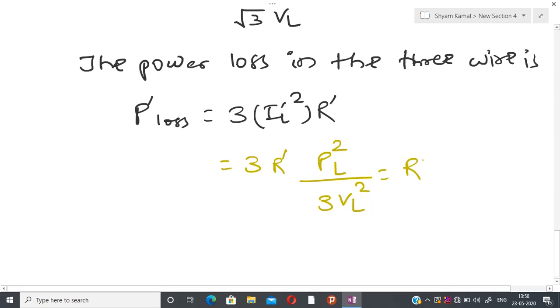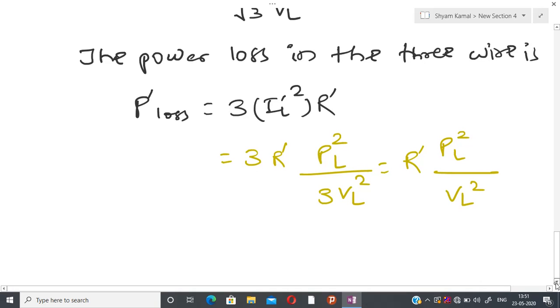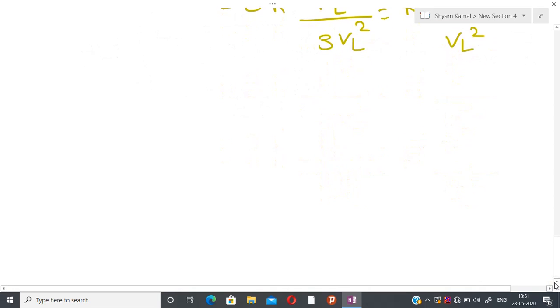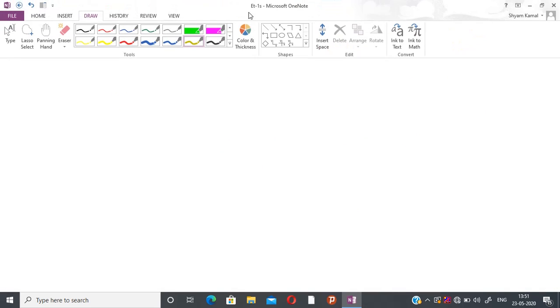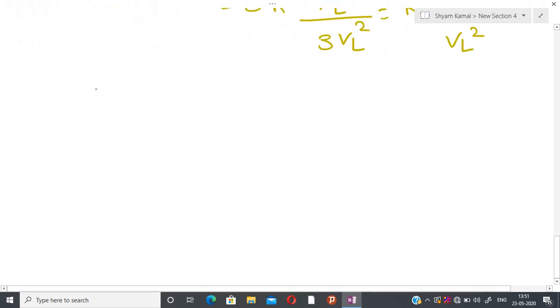So basically now I have R dash PL square by VL square, and since I know that PL in both cases is equal, and also I know the VL is equal in both cases, so same line voltage.